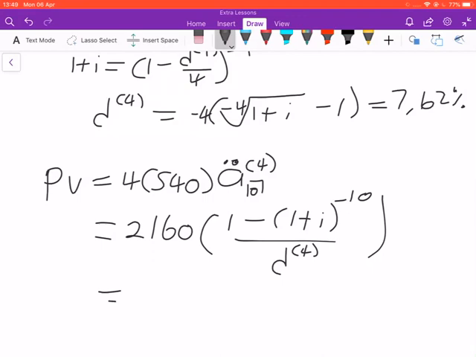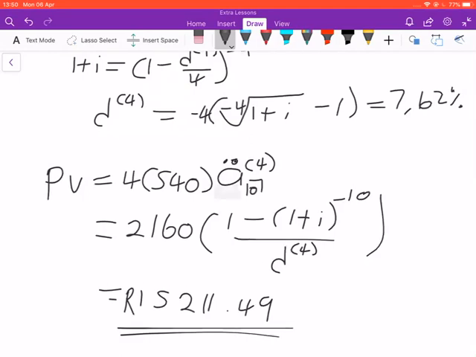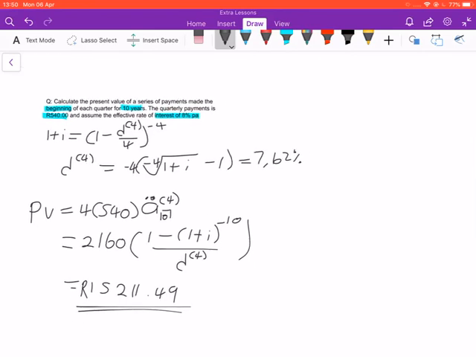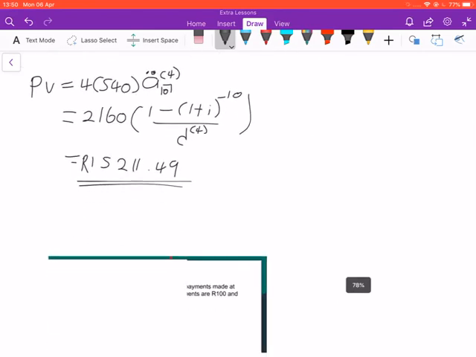And for the answer, you just substitute the values there: 1 minus 1.08 to the power negative 10, over 7.62%. That's 15,211.49 rand. So this is the present value for this question. You can compare it with the one you found and check if we have found the same answer.